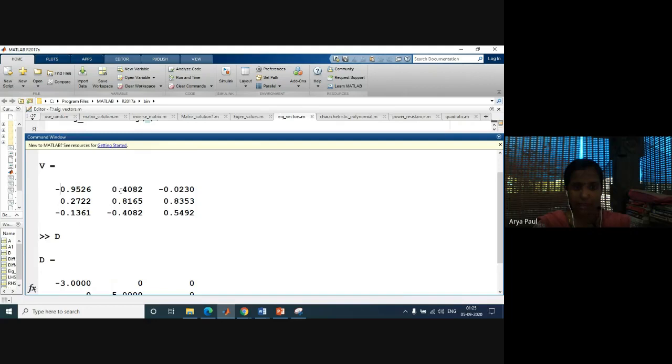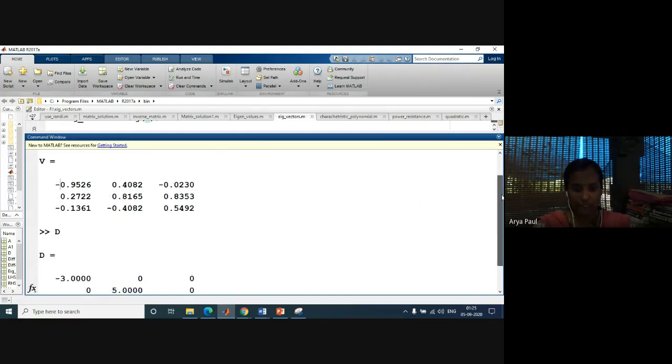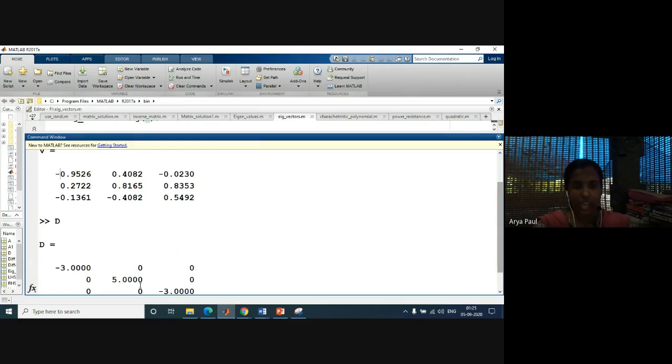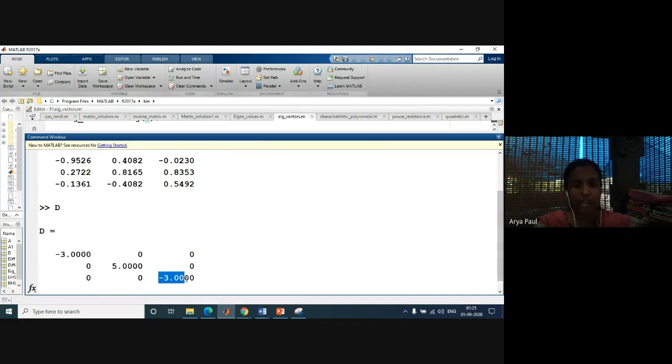Second column, that is 0.408, 0.81, minus 0.40, will give you the eigenvector corresponding to the eigenvalue 5. The third column, that is minus 0.02, 0.83, 0.54, will give you the eigenvector corresponding to the eigenvalue minus 3.